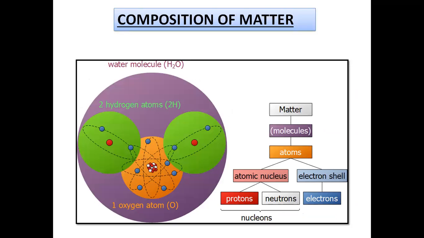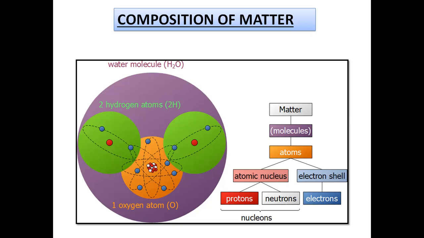Next is, what is the composition of matter then? Now, over here I have taken the example of a water molecule because it is a very common molecule which you have come across so far and you can better understand this phenomenon. Now students, the molecular formula of water is H2O. That means 2 hydrogen atoms are present along with 1 oxygen atom.